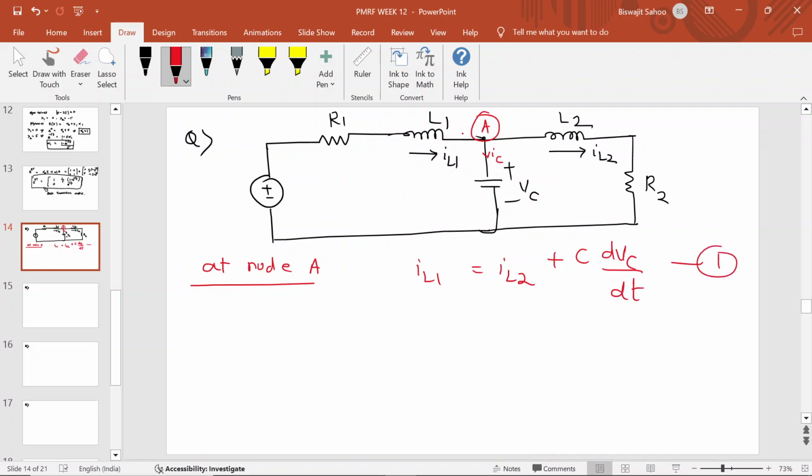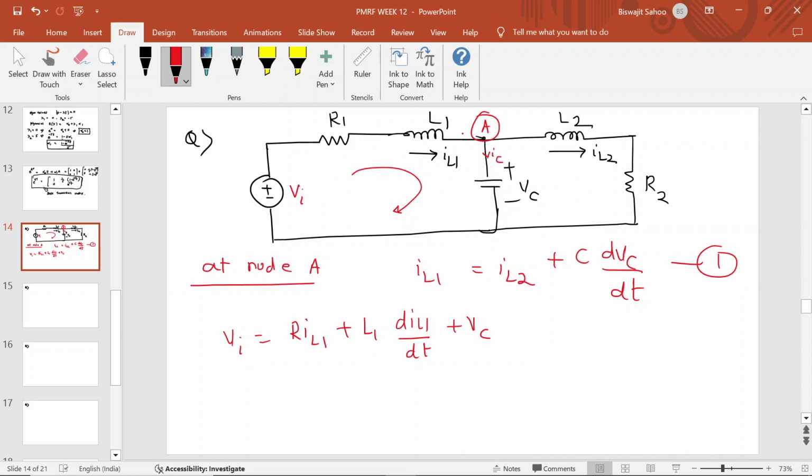This is the first equation at node A. Next, let this voltage be the input voltage VI. If you write KVL on this loop, then VI should be equal to R1 into IL1 plus L1 dIL1 by dt plus Vc.